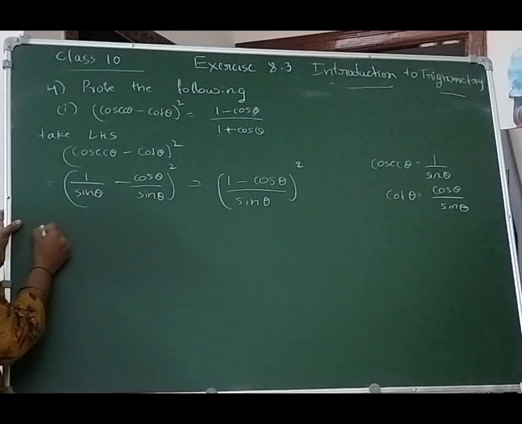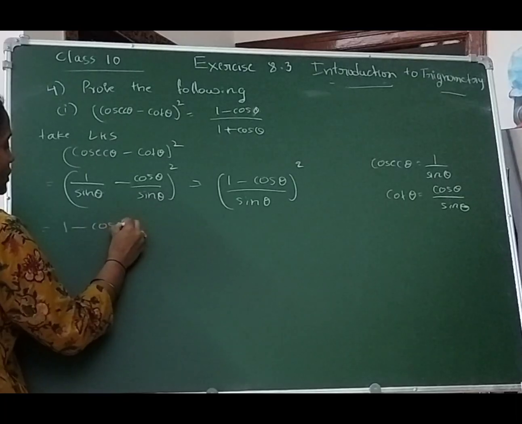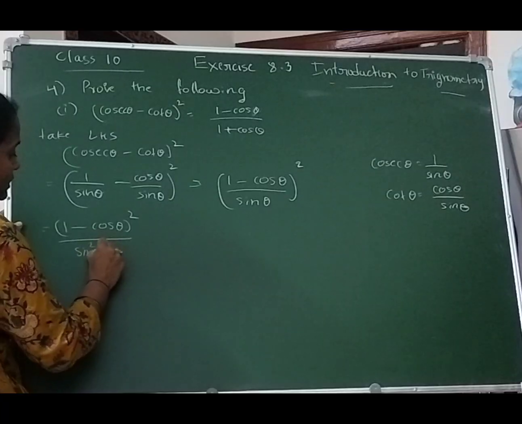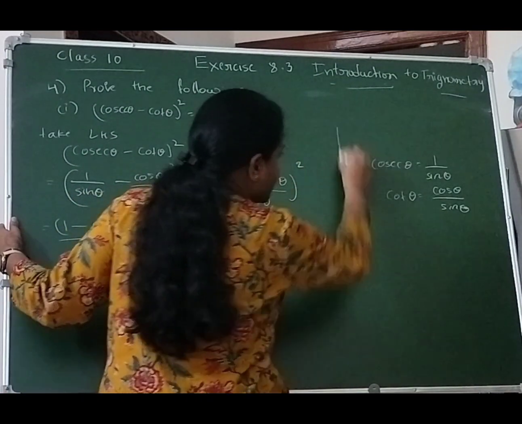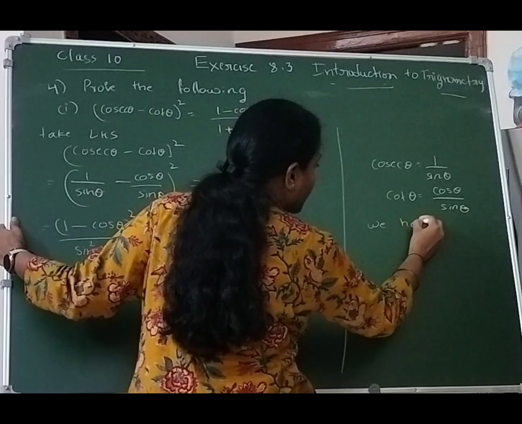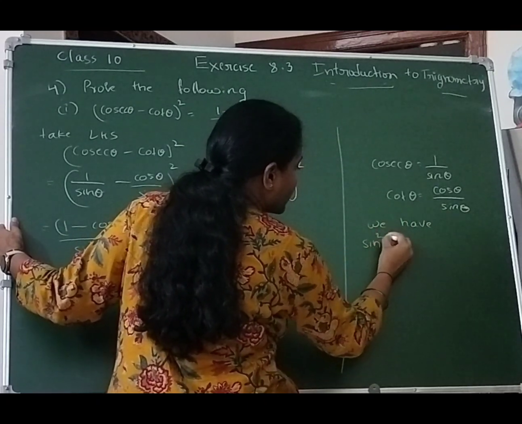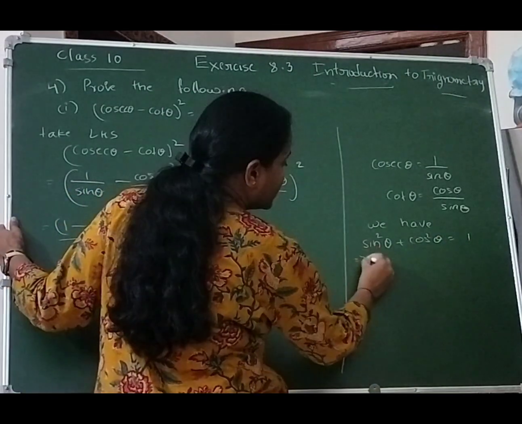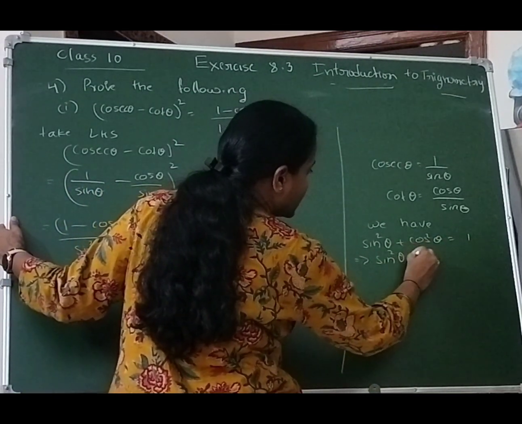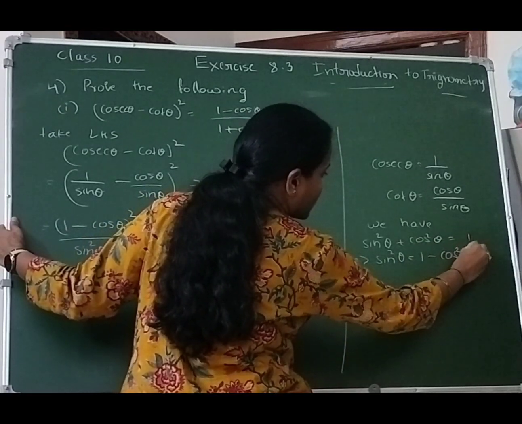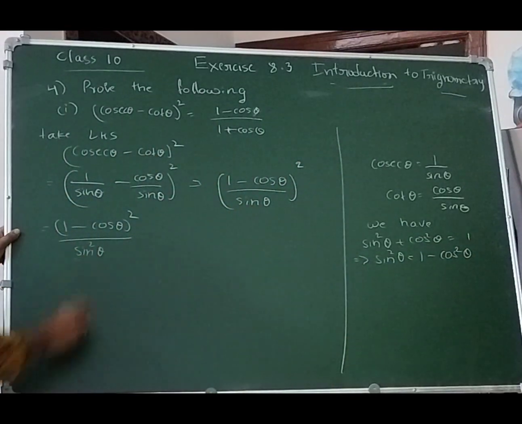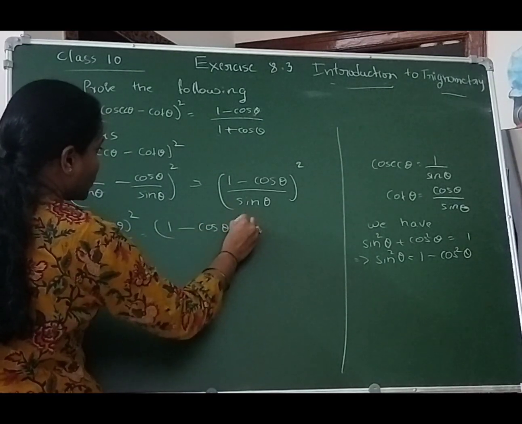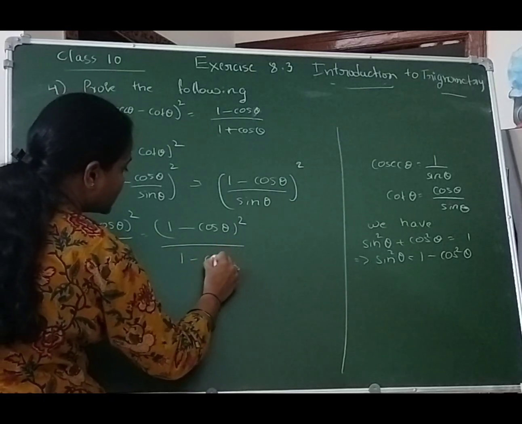We can separate the numerator and denominator. It will become 1 minus cos theta whole square divided by sin square theta. We know the relation between sin and cos: sin square theta plus cos square theta is equal to 1. So sin square theta will become 1 minus cos square theta. We'll substitute that in the denominator, so that will reduce to 1 minus cos theta whole square divided by 1 minus cos square theta.